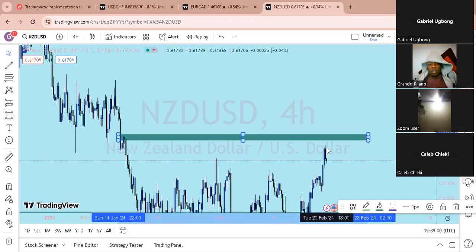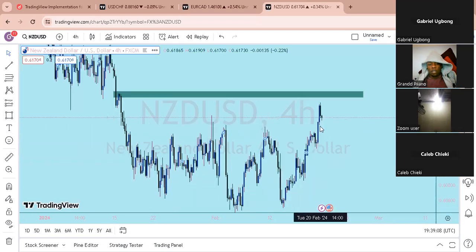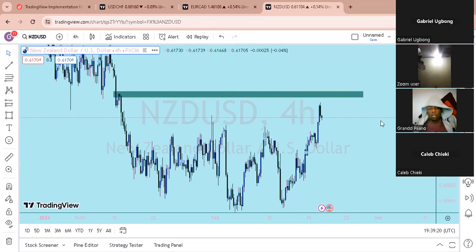Now, for this market, the market is reacting to this level here. It might not take it off in one go, or if the momentum is stronger, then of course the market should take up that level.